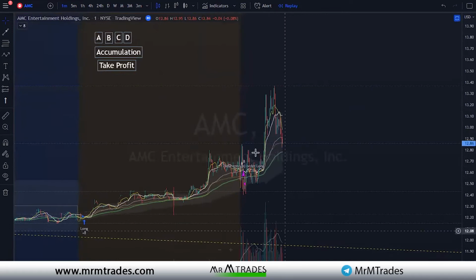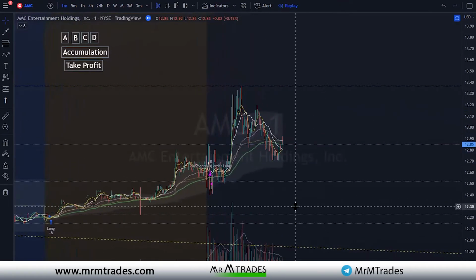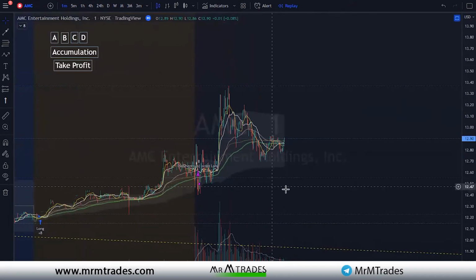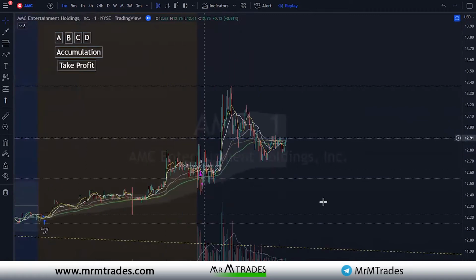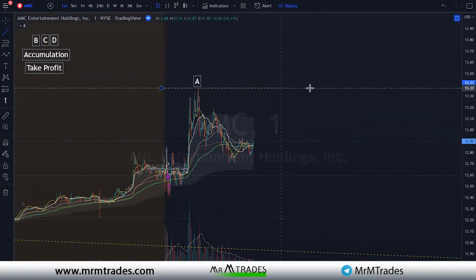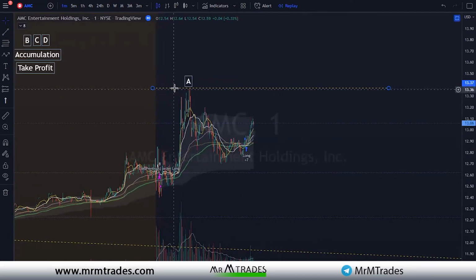And what's happening next? We've got an explosive move up, and this is where we start watching the formation of the ABCD pattern. And here's why: that explosive move is the creation of our A point, right? And that's your high that you need to be aware of. So I'm just going to put a resistance line over there, and then we get a nice gradual pullback.